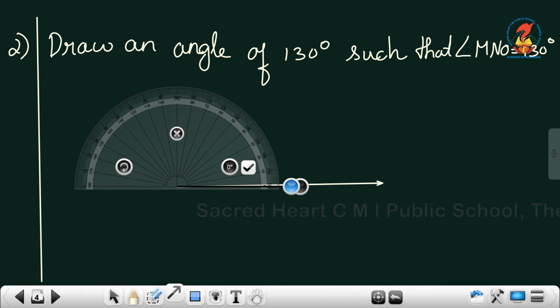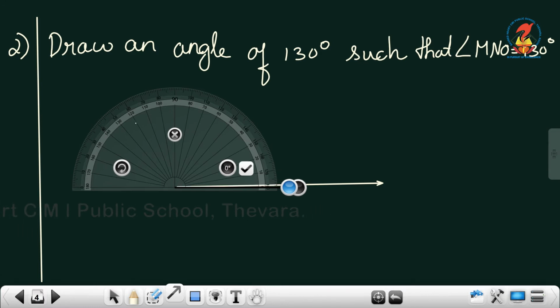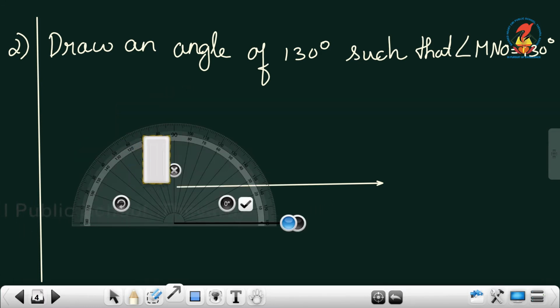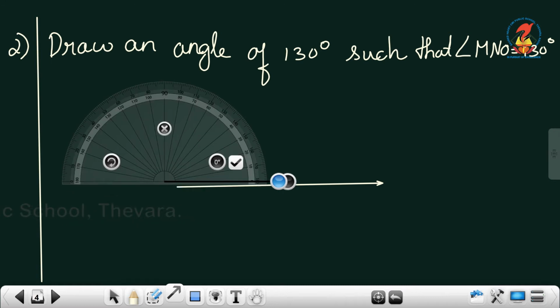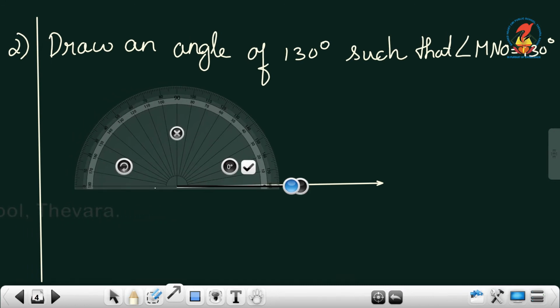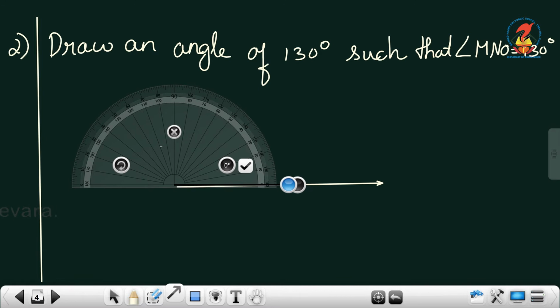Now, since my line is going to that direction, I will take the inner scale.